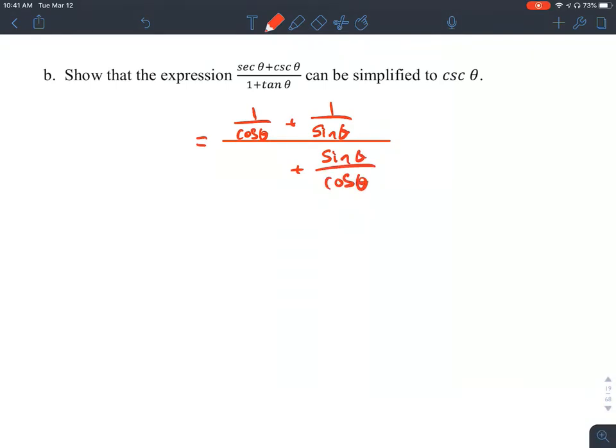Since I want common denominators in my denominator, I'm going to change 1 to cosine of theta over cosine of theta. I also want common denominators in my numerator, so I'm going to multiply this first fraction times 1 in the form of sine over sine, and the second one by 1 in the form of cosine of theta over cosine of theta.